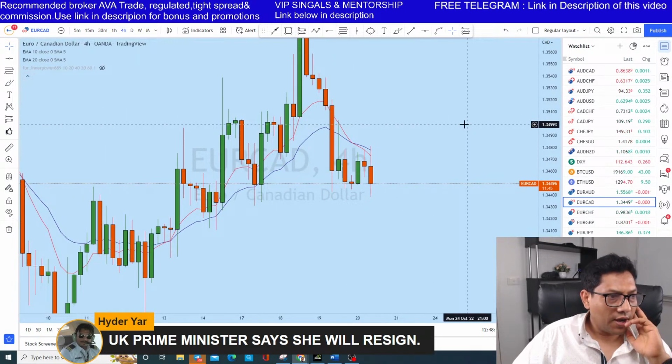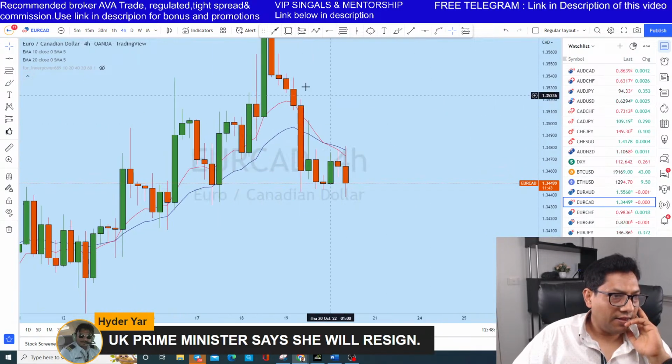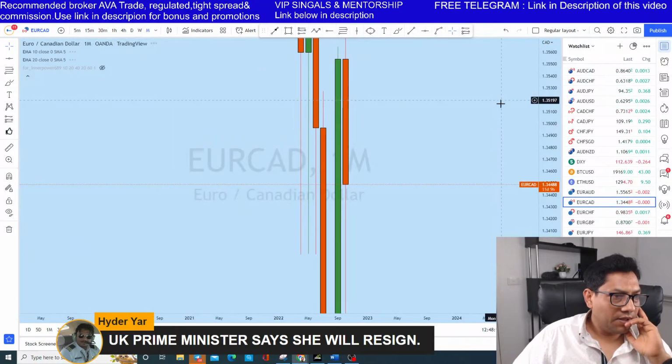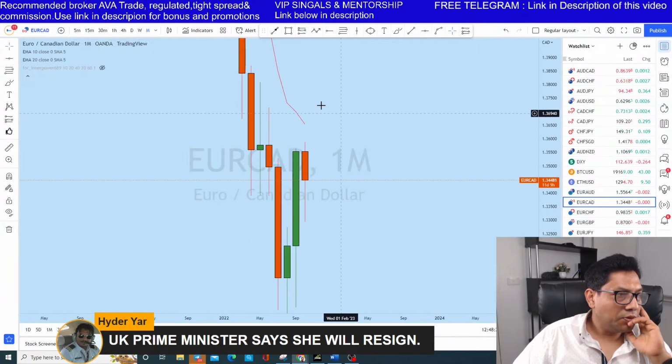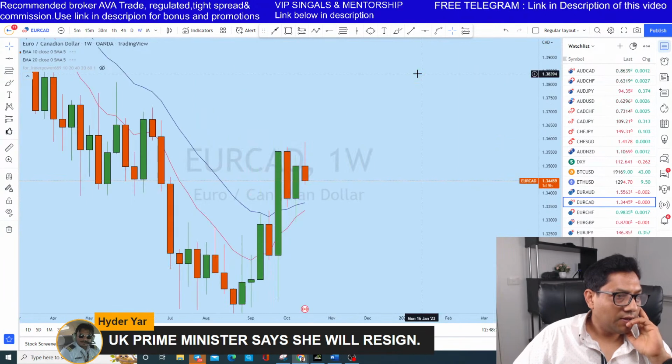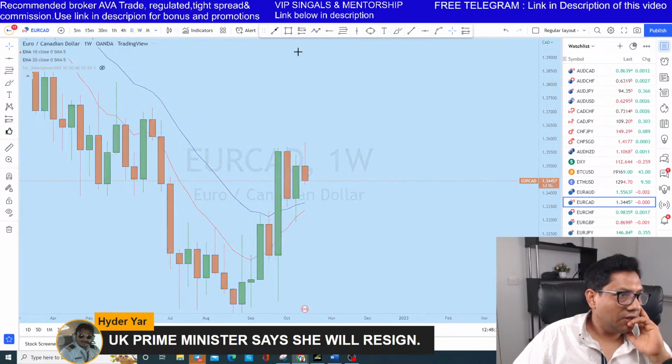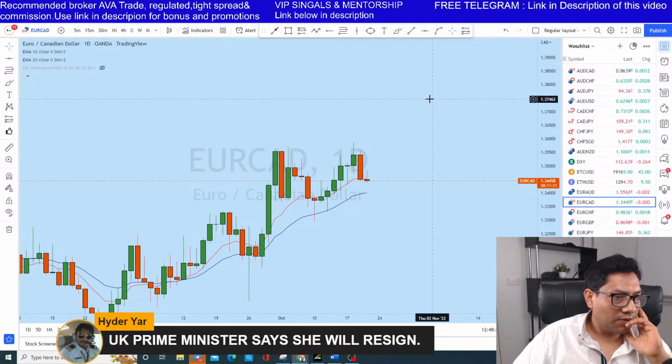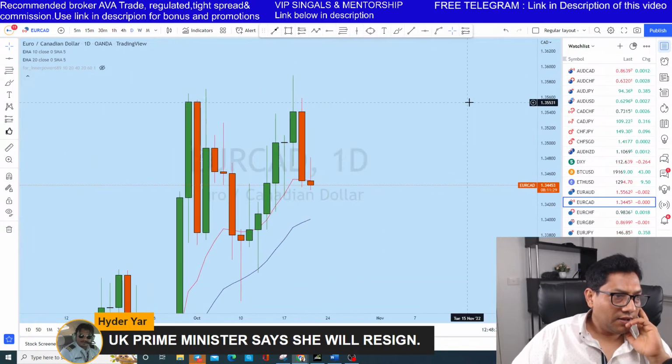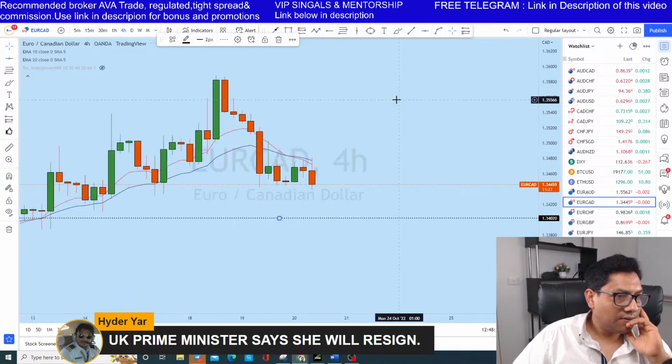Right, Euro CAD. Let me look at Euro CAD. We might find some opportunity on Euro CAD weekly. Very steady. I think we could see Euro CAD coming at least to this daily 20 EMA.